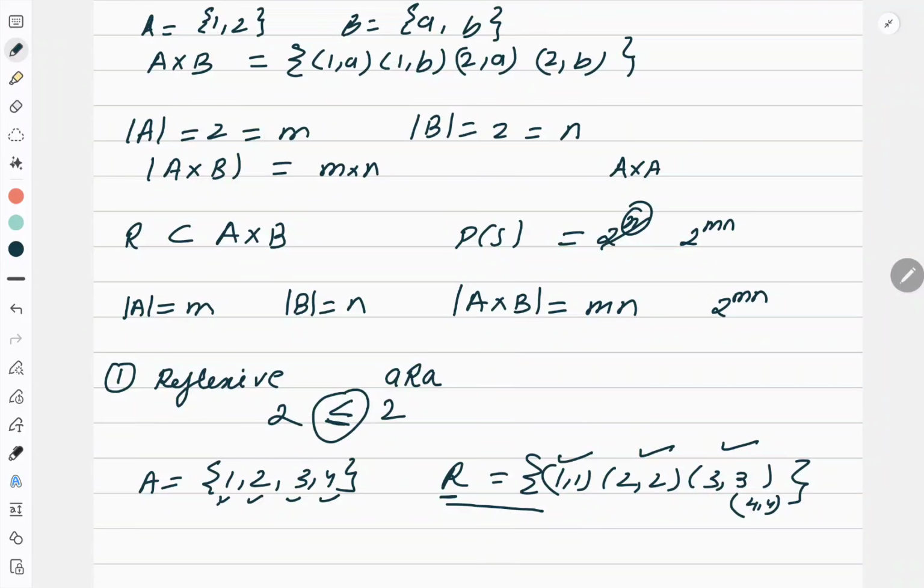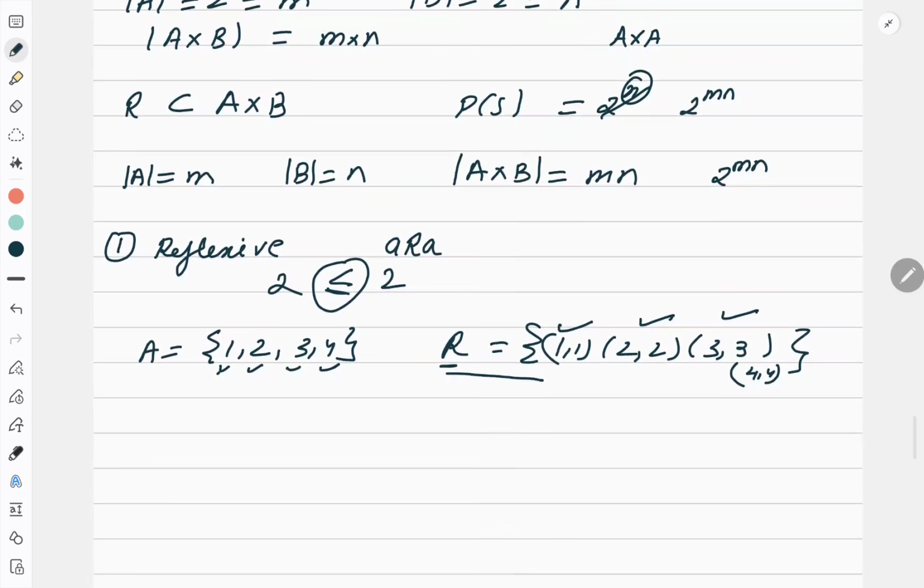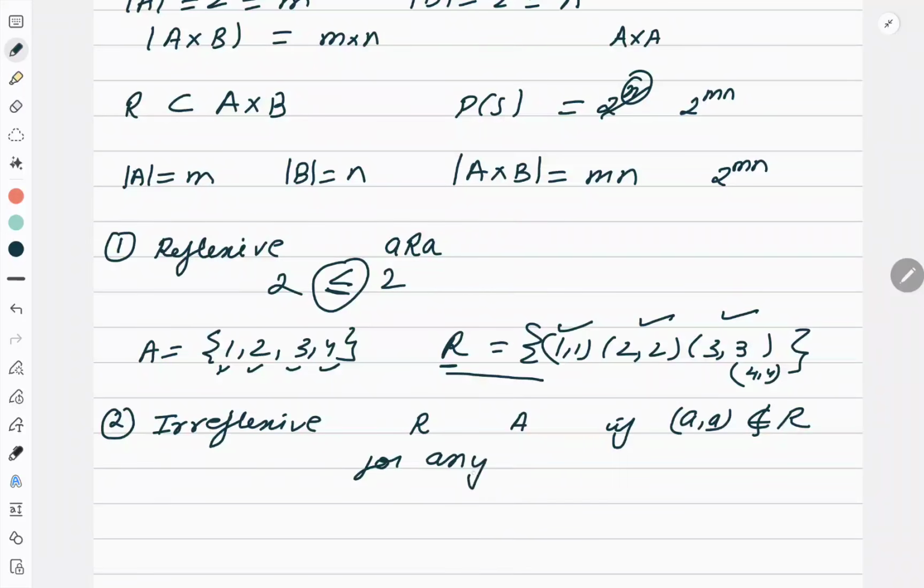When I say irreflexive, what is it? A relation R defined on a set A is called irreflexive if (a, a) does not belong to R for any a belonging to A. That is, a relation R is irreflexive if no element of A is related to itself.